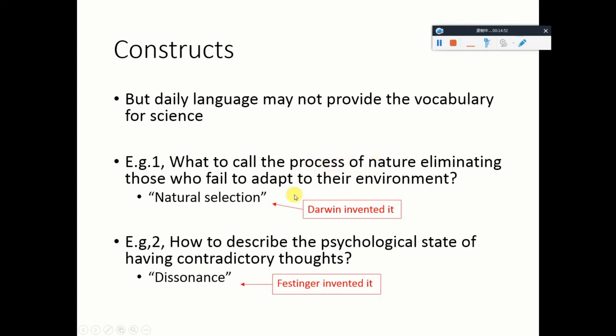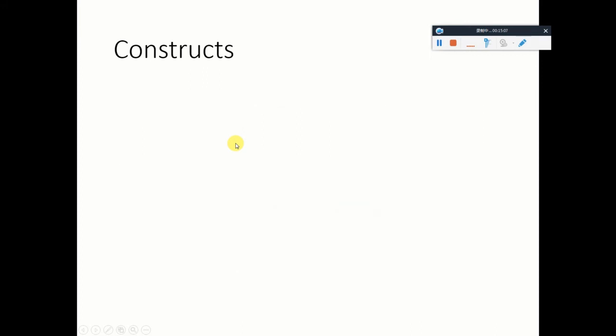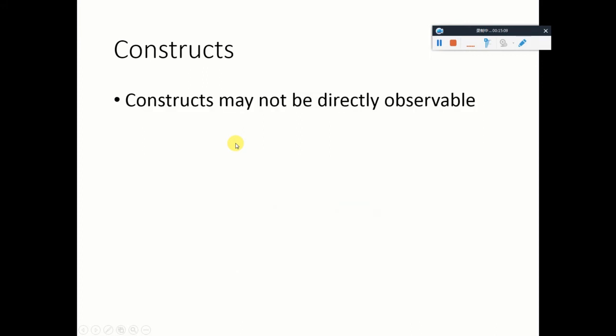So they decided to coin some terms for their scientific pursuit, right? So these terms we call constructs. They're a type of concepts. So constructs are useful, but they do have their limitations.